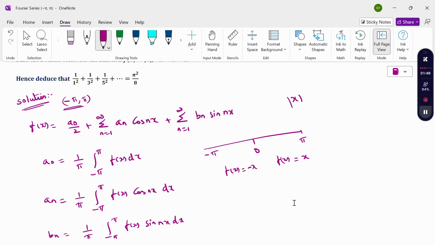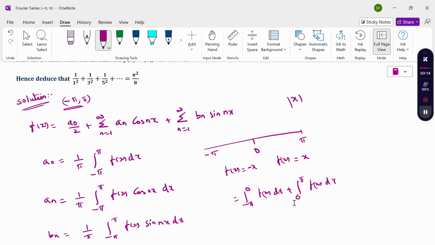So we should split the interval: minus pi to 0 f of x dx plus 0 to pi f of x dx. Then substitute the f of x value for the negative range and the positive range, integrate, and substitute the upper and lower limits. A similar procedure is needed for finding a n and b n, so it will be lengthy.